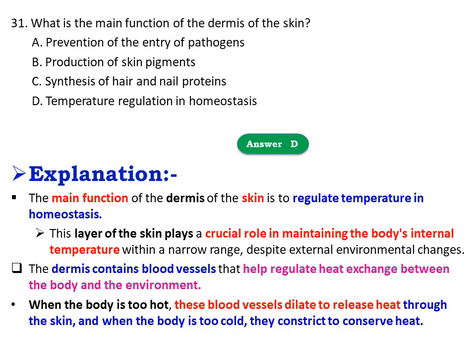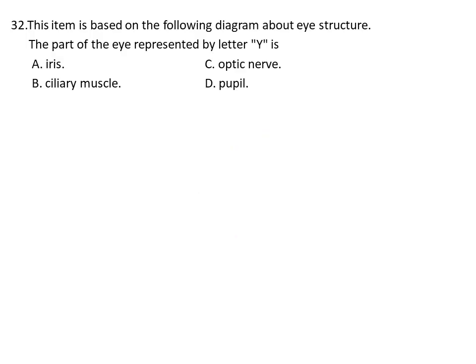The main function of the dermis of the skin is to regulate temperature in homeostasis. It is the layer of skin that is crucial for maintaining body internal temperature within a narrow range despite external environment changes. The dermis contains blood vessels that help to regulate heat exchange between the body and the environment.